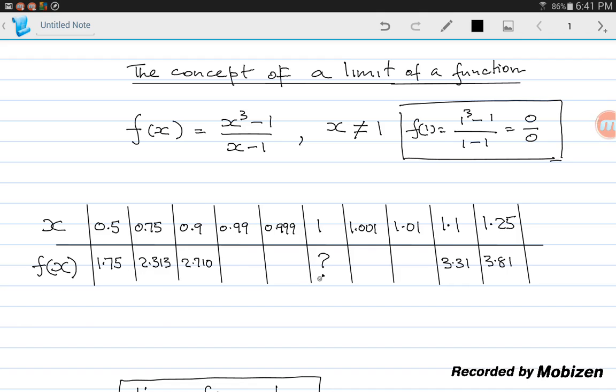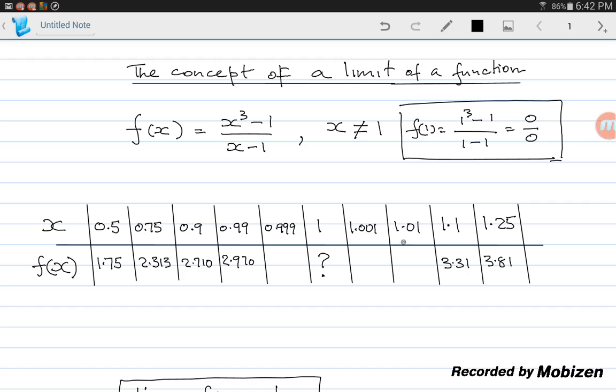So I've started this table here where I have some x values slightly less than 1 and some x values somewhat greater than 1. I use my calculator, substitute these values into my function, and note the value. So I've already started here with some values. When I put x equal to 0.99, I get that f of x is 2.970.